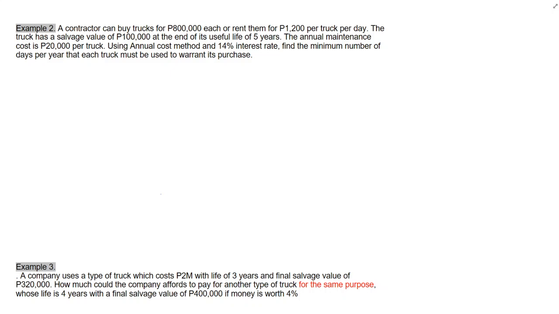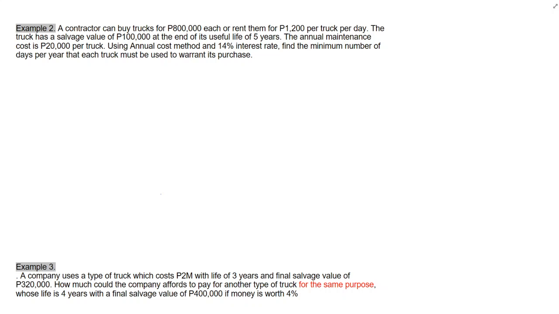The annual maintenance cost, so that is your OM, that is your operating and maintenance cost, is 20,000 per truck. So using annual cost method and 14% interest rate, find the minimum number of days per year that each truck must be used to warrant its purchase.